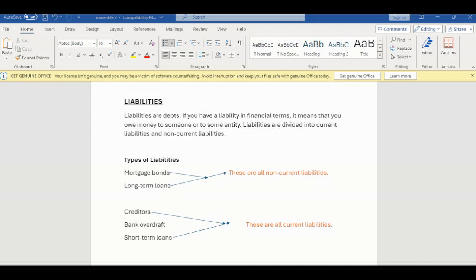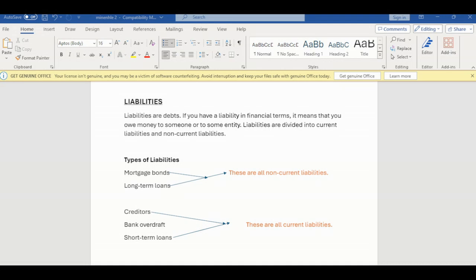Moving on to current liabilities, we have creditors, bank overdraft, and short-term loans. Creditors are people who provided goods or services to the enterprise on credit. The enterprise therefore owes them money. The enterprise can sell something on credit, and it can also buy something on credit.